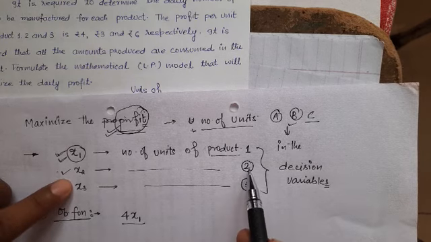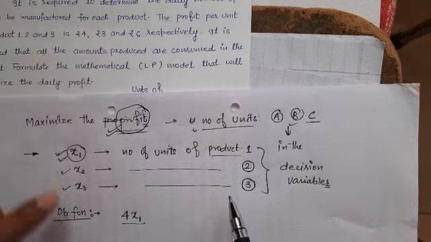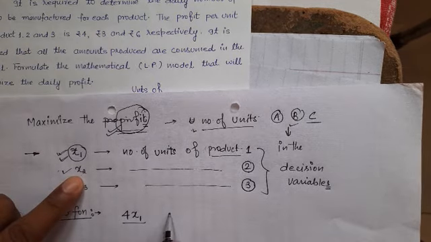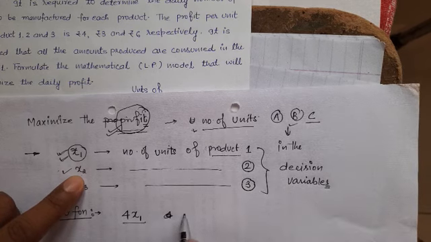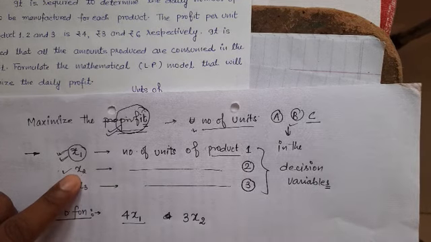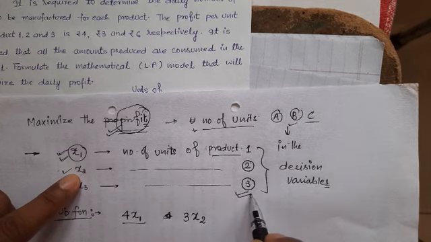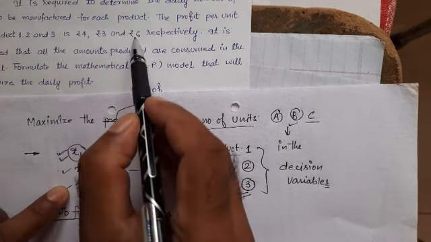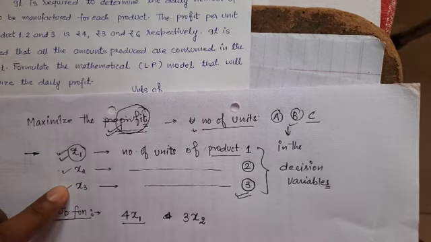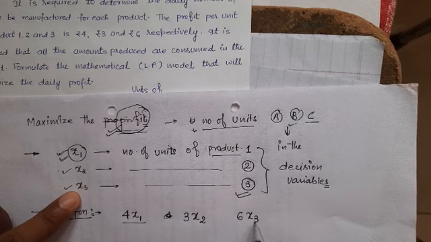For product 2, it is 3 rupees of profit per unit. So there are x2 units from product 2, so the profit will be 3x2. Similarly, product 3 gives a profit of 6 rupees per unit, so there are x3 units, so the profit will be 6x3.